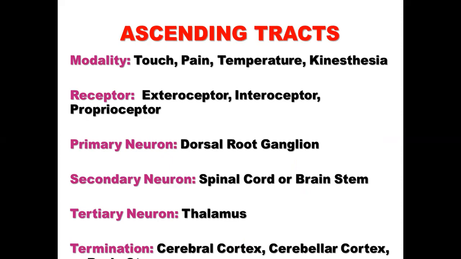Modalities of sensation are touch, pain, temperature, and kinesthesia. Receptors for external sensations are located in the skin; they are exteroceptors. Interoceptors are in the viscera, and proprioceptors are located in muscles and joints. Primary neurons for all these sensations are located in the dorsal root ganglion.